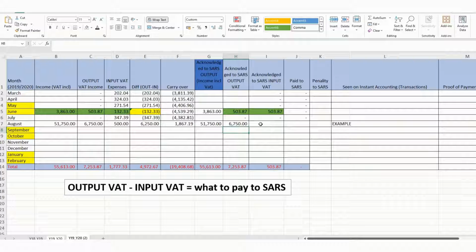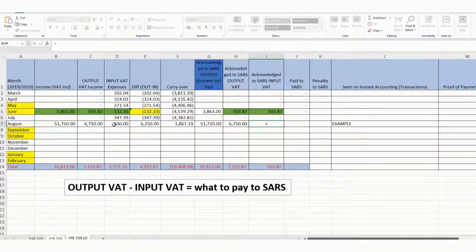And what am I acknowledging to SARS as my input VAT? That is the 500 for that particular month, plus the carryover of 4,382.81. Just do it like that.